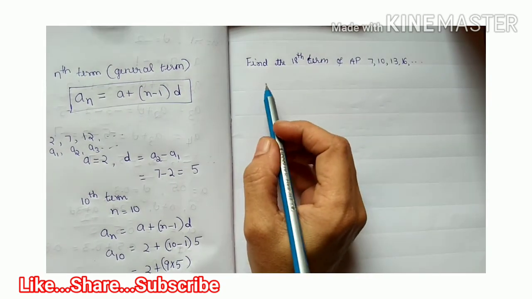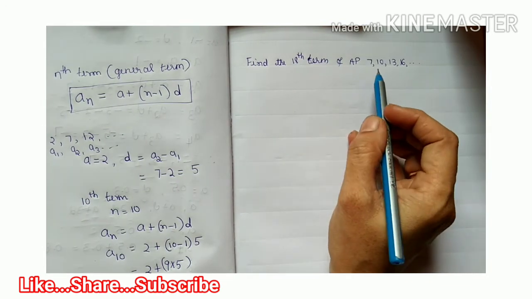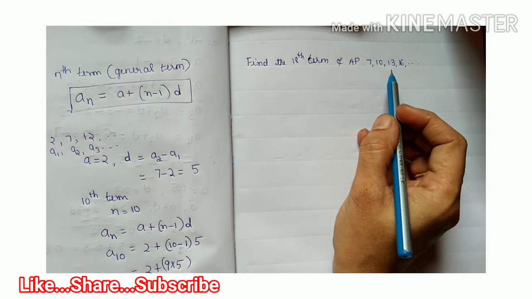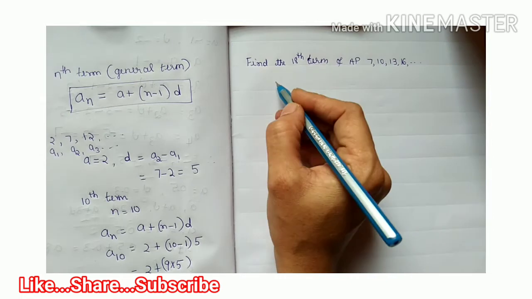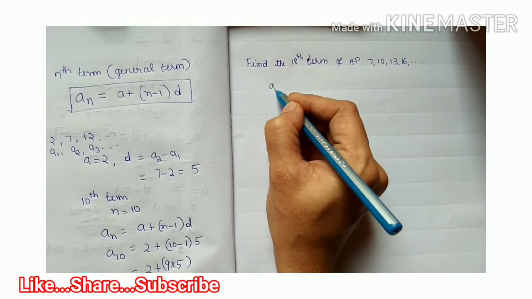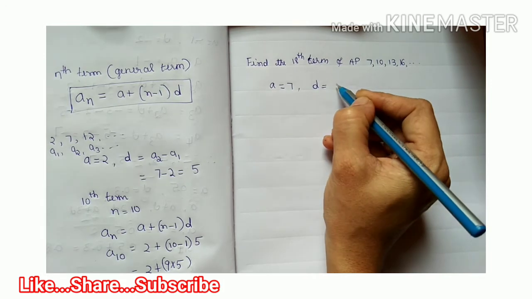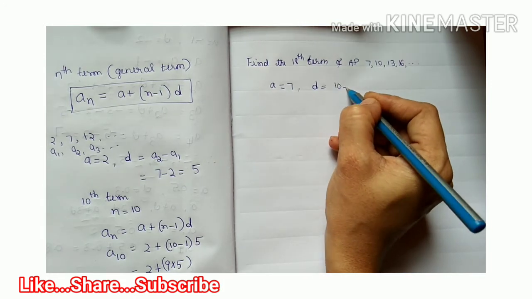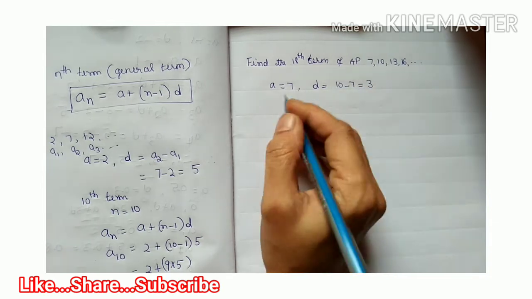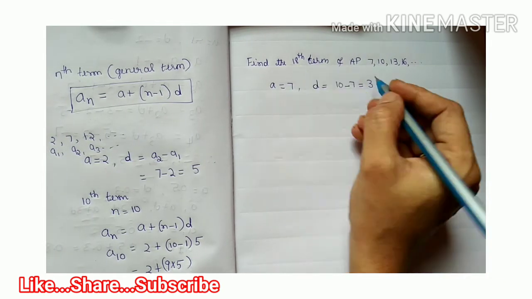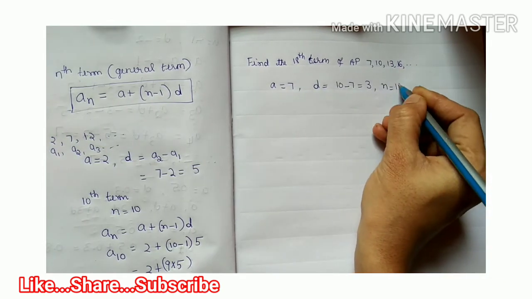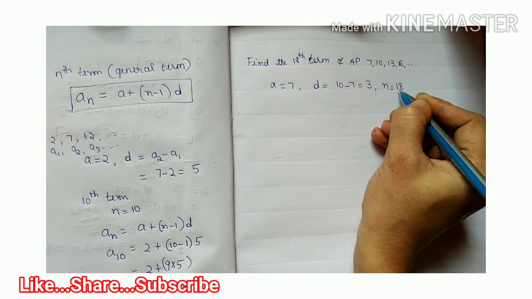Next example, find the 18th term of AP 7, 10, 13, 16. Let the first term be 7. Common difference is a2 minus a1, 10 minus 7, 3. Given n is equal to 18.